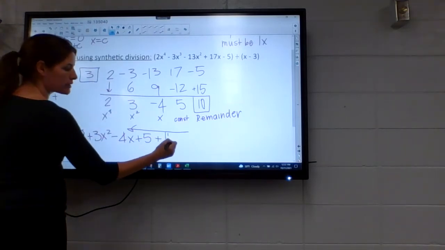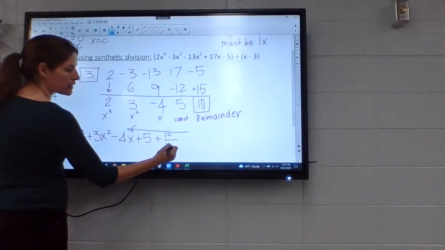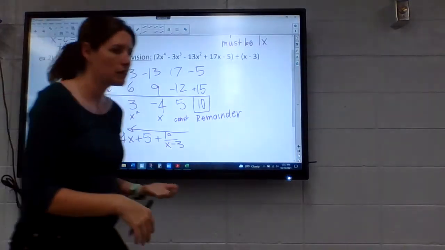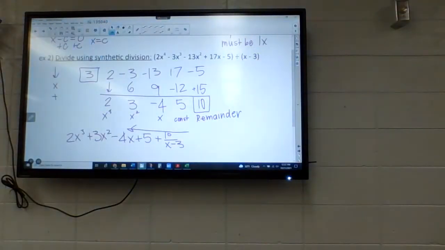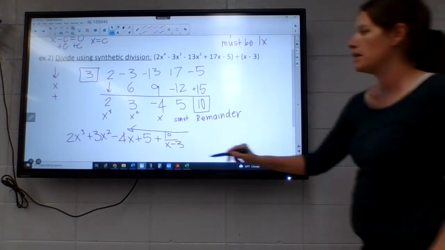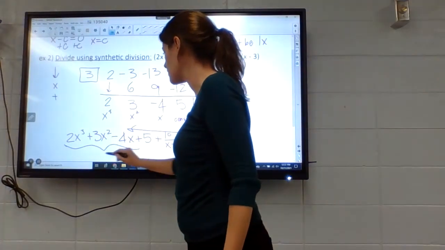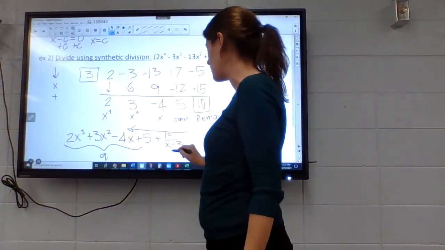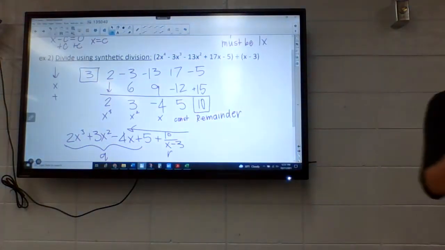We also wrote it as 10 over x minus 3. I think I actually have a worksheet for tonight for you guys, and I think it just says what's the q. So q is the quotient, the answer, and then they just want the r. So they give you a line for each.